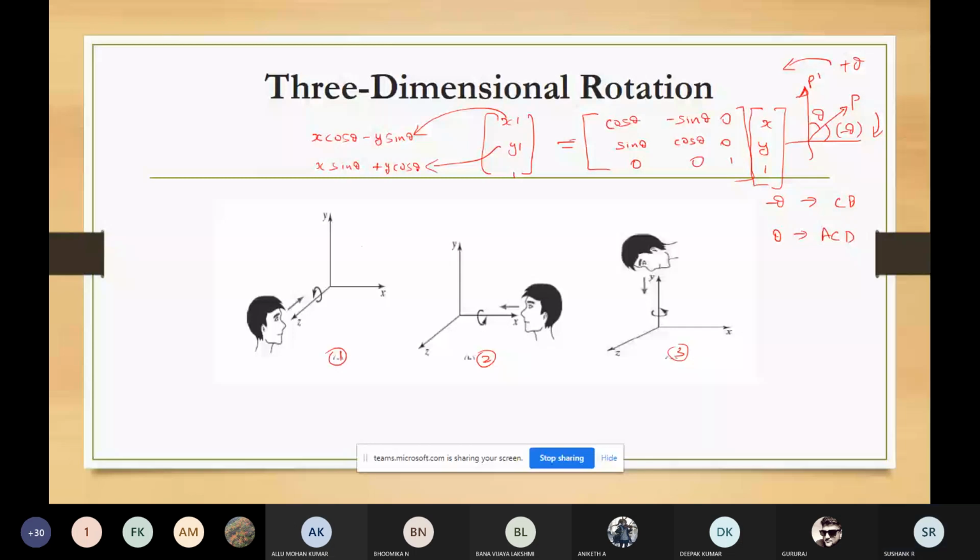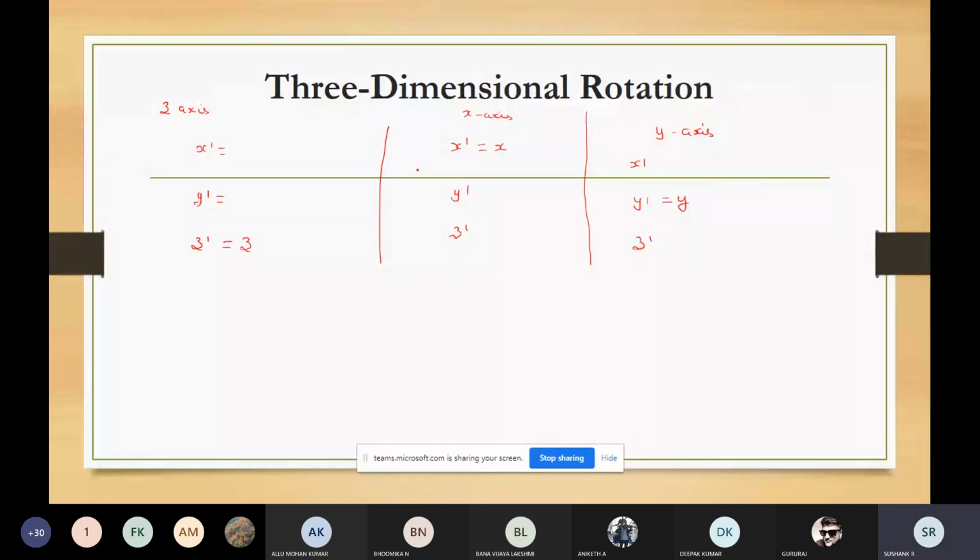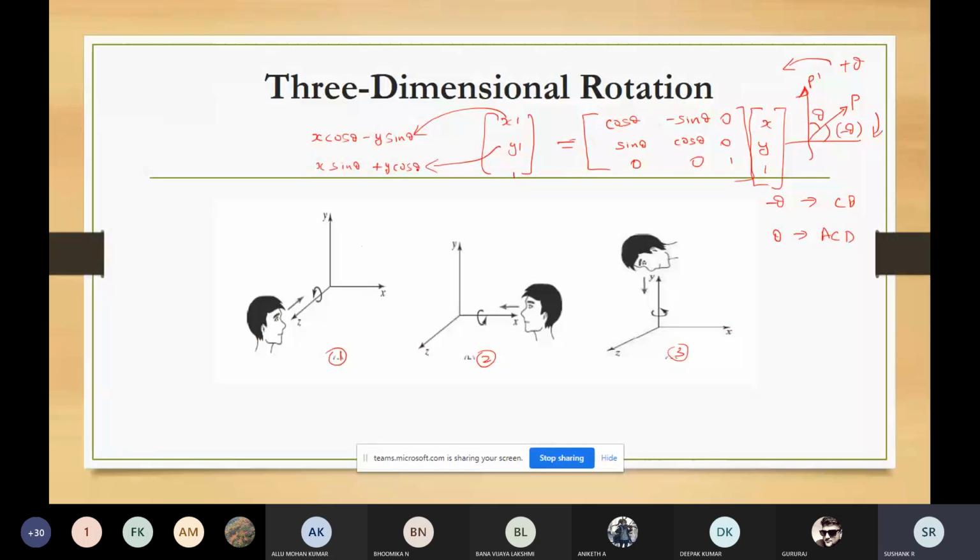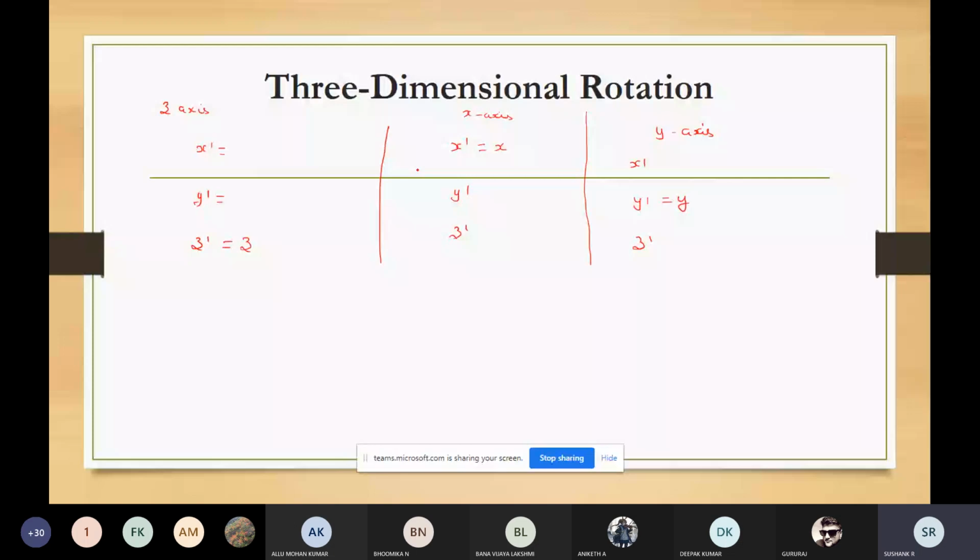Now the same thing you write when it is looking along the z-axis. X dash is equal to x cos theta minus y sin theta, and y dash is equal to x sin theta plus y cos theta.